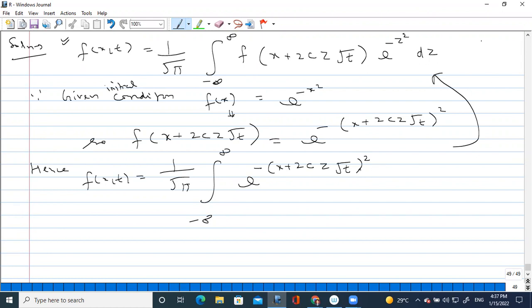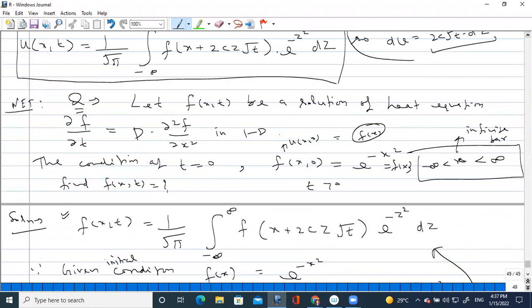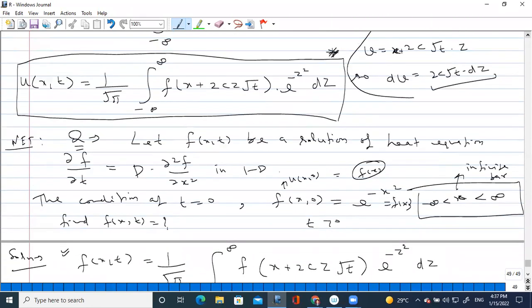And one more thing I wanted to tell. In this book, we have taken uxx equals ut, this is our heat equation. But in this book, in place of a, they have taken c square. So c is not the velocity of light, but this complete c square is the diffusivity.